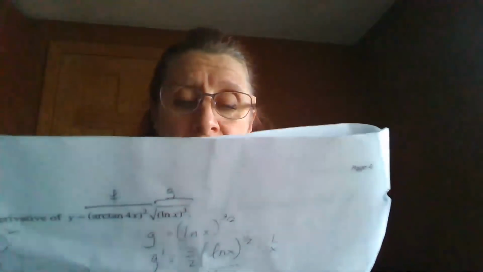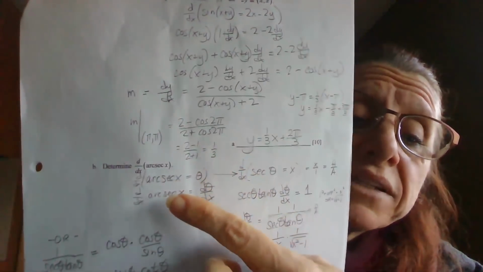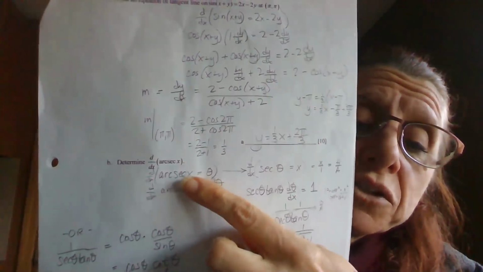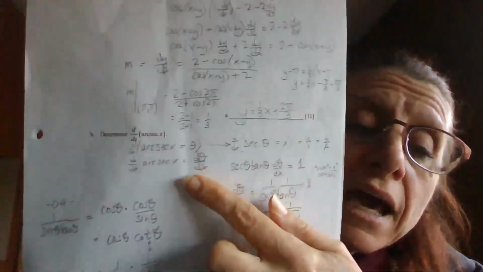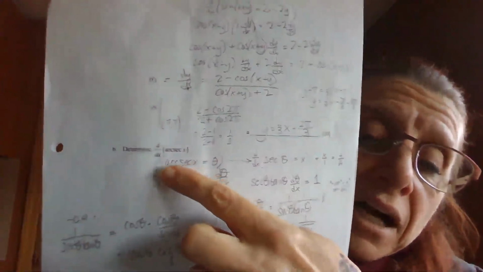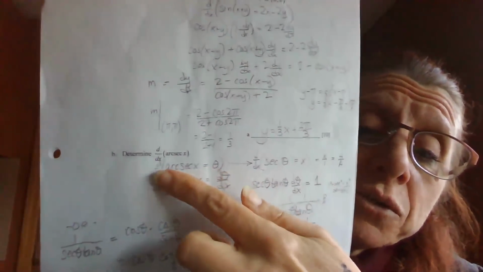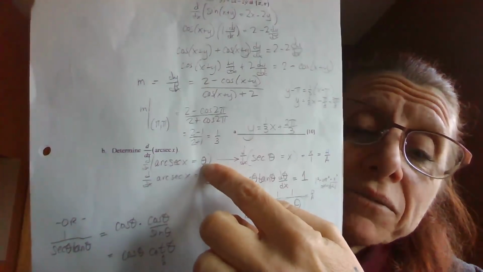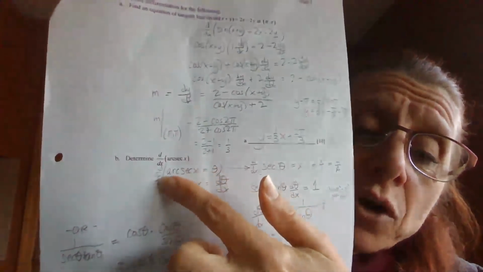All right, let's go over this in generalities and see how we look at it. There are a couple different ways you could do this. You definitely wanted to use implicit differentiation because that was what the instruction said.